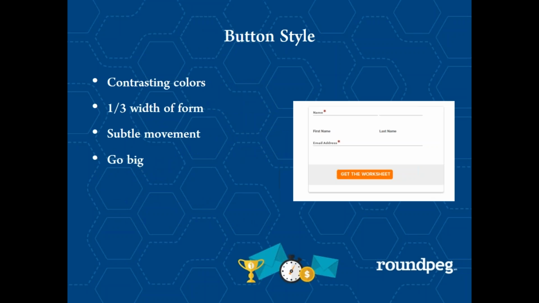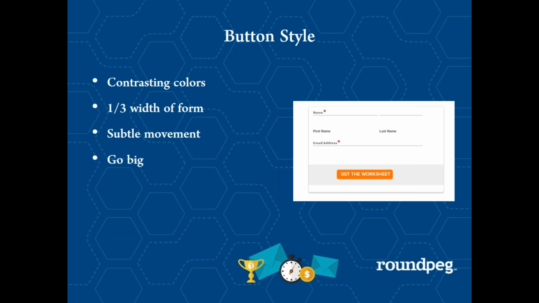When you're thinking about the button style on your form, you want it to be a contrasting color. If your website, and we tend to use orange on a lot of our buttons, don't use that button color all over the page. Reserve it for just the button. Orange is a great color for calls to action, but you can use blues or greens or purples.